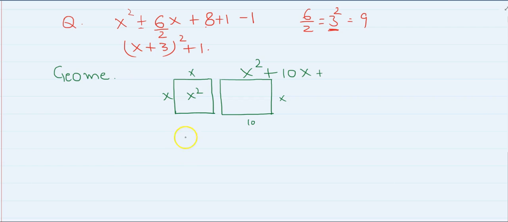We have to make a square. This is already a square. So this is, say, x square. This is x, this is x. Now this is 10x, so we divide it by 2. We make two equal parts. This is 5, this is 5.